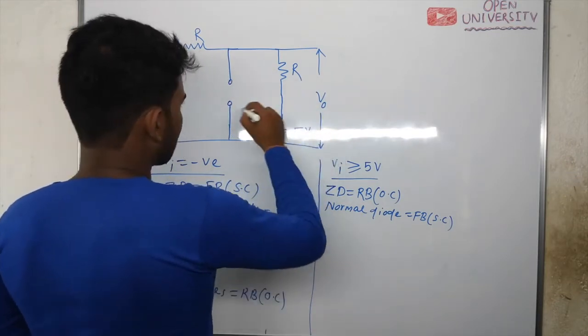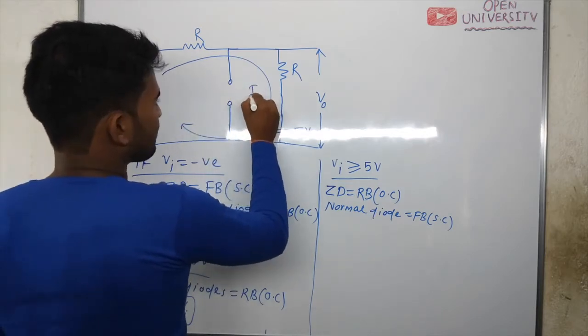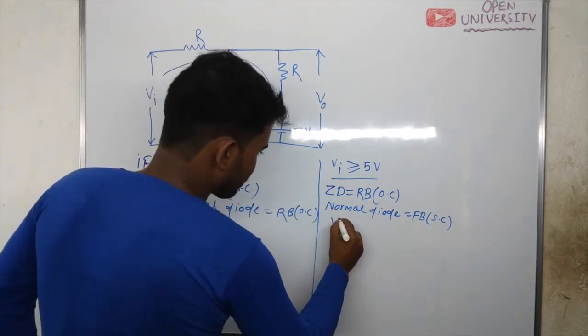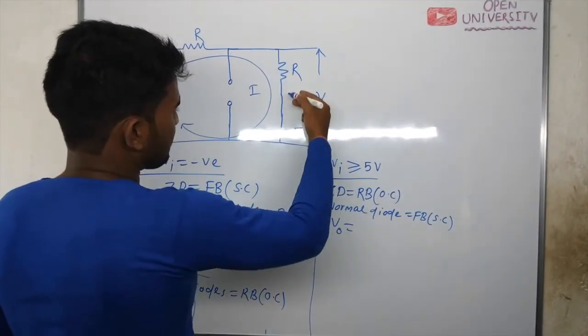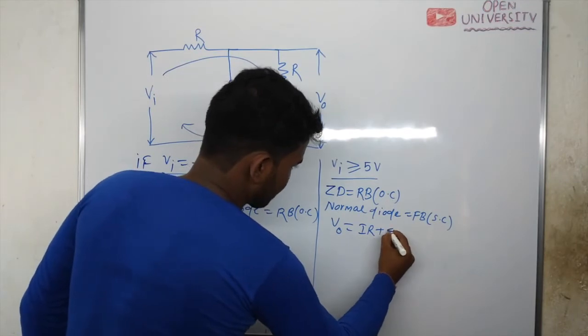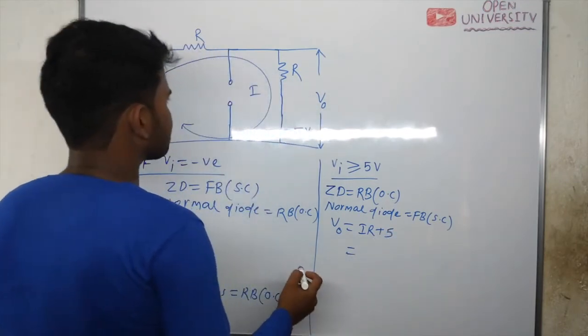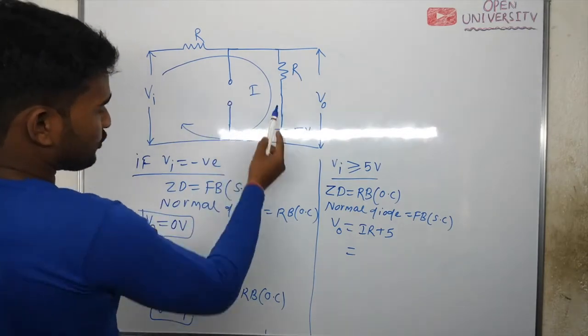So what will be the output voltage? Let the current in this loop be I. Then V naught will be equal to the voltage across the resistance, that is I into R, plus 5 volt. What is I? I will be equal to Vi minus 5 divided by 2R.